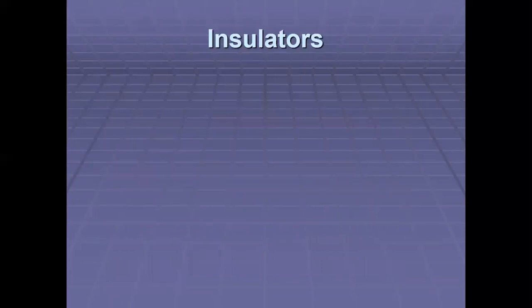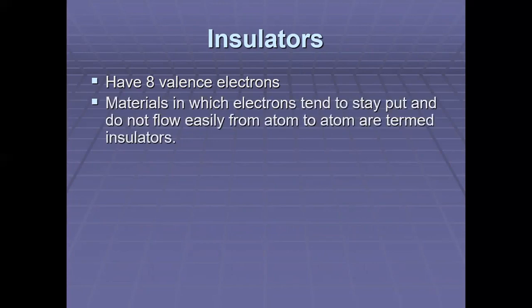Now let us see insulators, the opposite of conductors. Insulators have 8 valence electrons in the outer orbit, so they are stable. They don't want to mix with any other atoms. They don't give out electrons or receive electrons from other atoms.